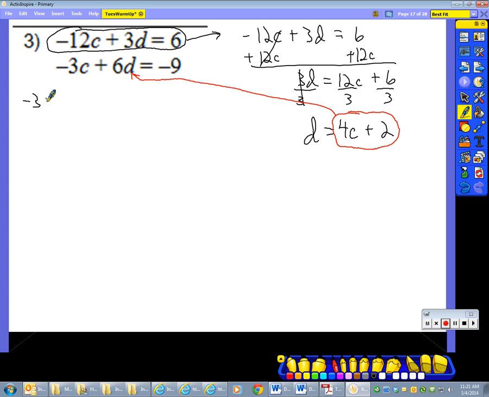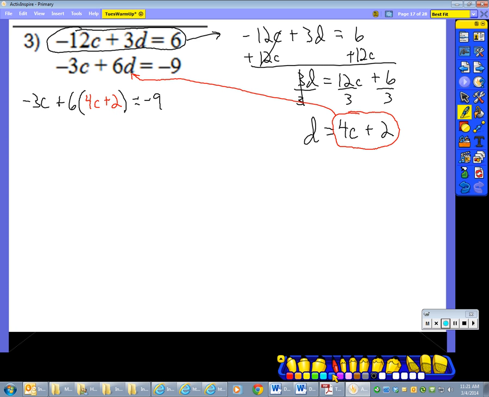So I've got negative 3c plus 6 parentheses, and I'm going to sub in 4c plus 2, because that's what d equals, close parentheses, equals negative 9. Okay, so you see that I took this equation and I wrote it out the exact same way, except I put in there what d equals.